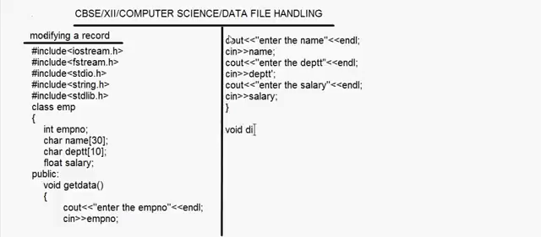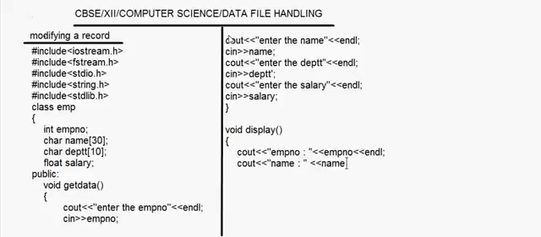Then I have the void display function. Now in the void display function we just have to display the details. So here I write EMP number like this, and then we display the EMP number and then come to the next line, endl. Cout name, close the string and then display the name and then put an endl.